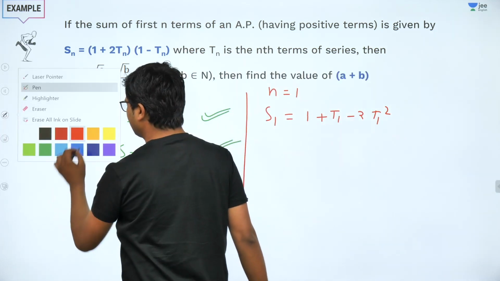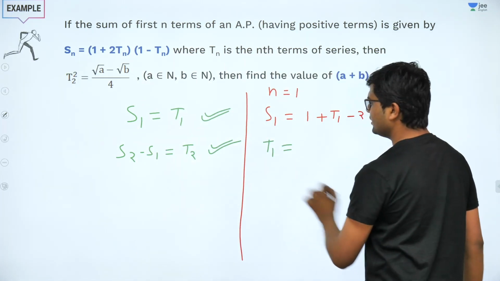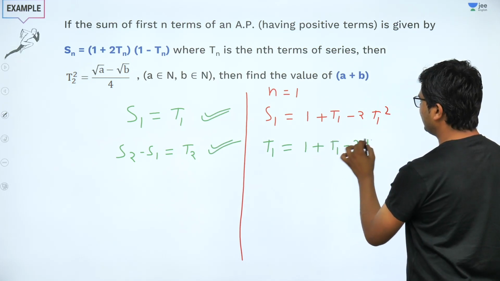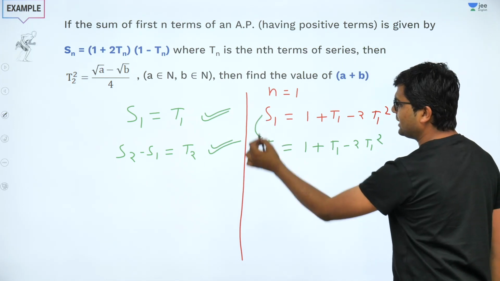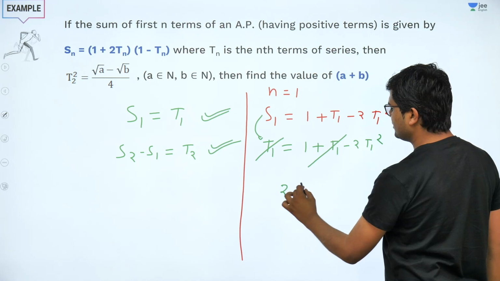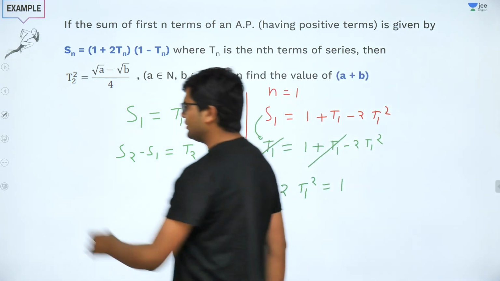So T1 cancels out. So T1 is equal to 1 plus T1 minus twice of T1 square. What I am doing is that S1 is replaced by T1. So T1 cancels out each other, so twice of T1 square will be equal to 1. That is okay with everyone?